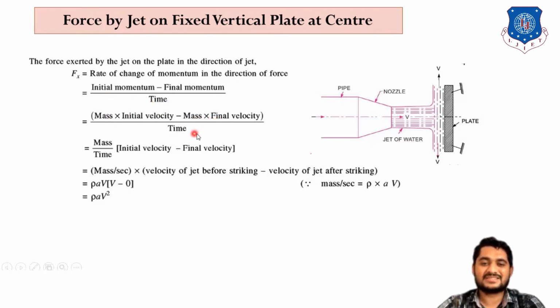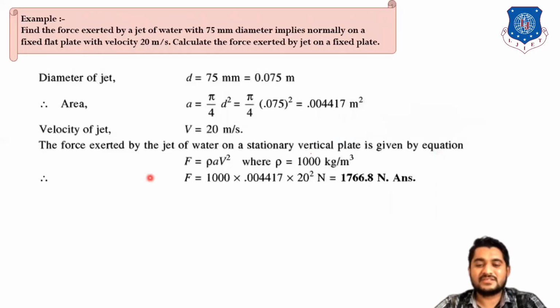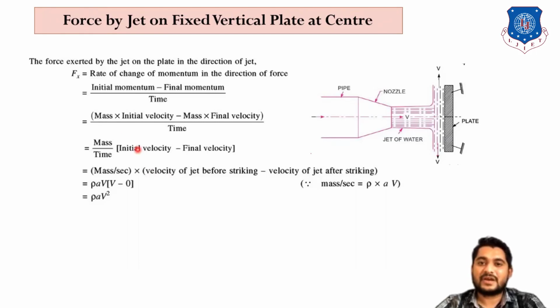Let us take mass divided by time as constant, so initial velocity minus final velocity will be there. Here mass by time is represented as mass flow rate, and in the bracket is the change in velocity. Clear? So the final equation will be Fx is equal to mass flow rate into change in velocity in x direction. That way we can also represent force is equal to change in velocity into mass flow rate.